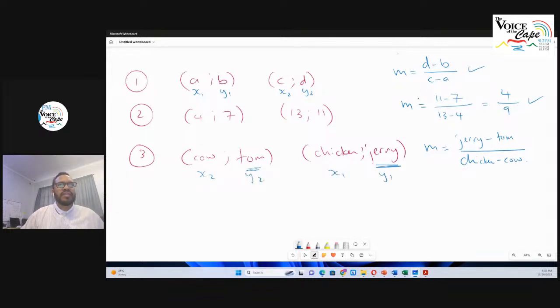Then I can also say it's Tom minus Jerry divided by cow minus chicken. Okay, so now we have an idea of what the average gradient is.